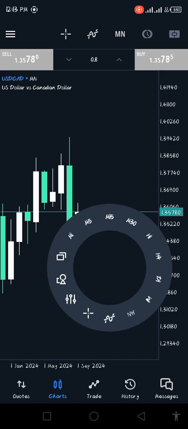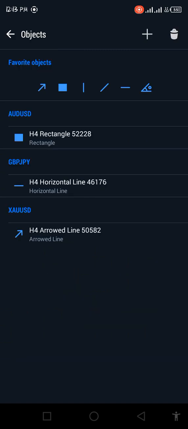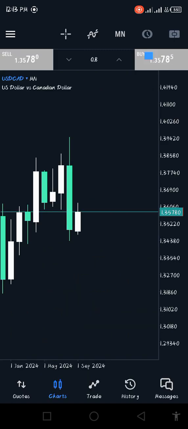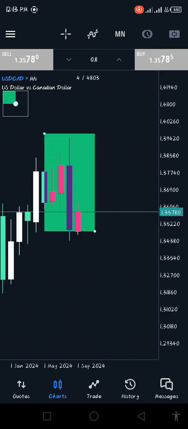So taking the rectangular tool, we analyze the latest data in the market by highlighting the last 3 to 4 months, and then we just see where price is currently.